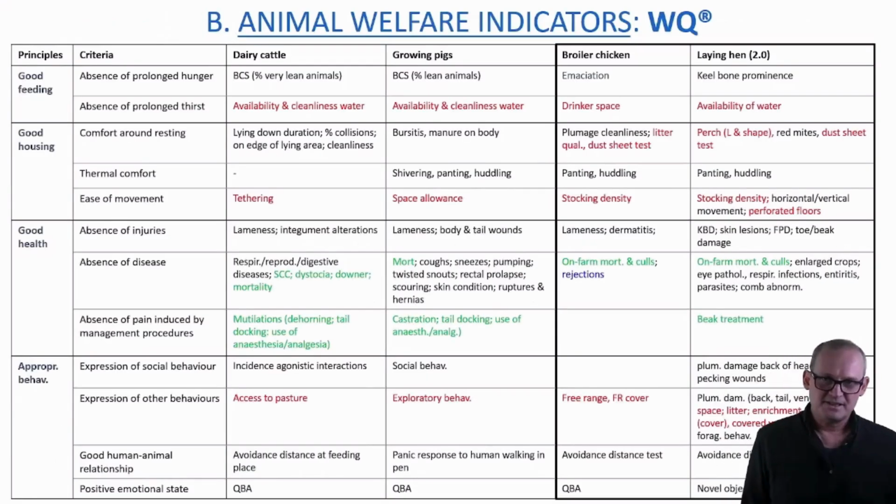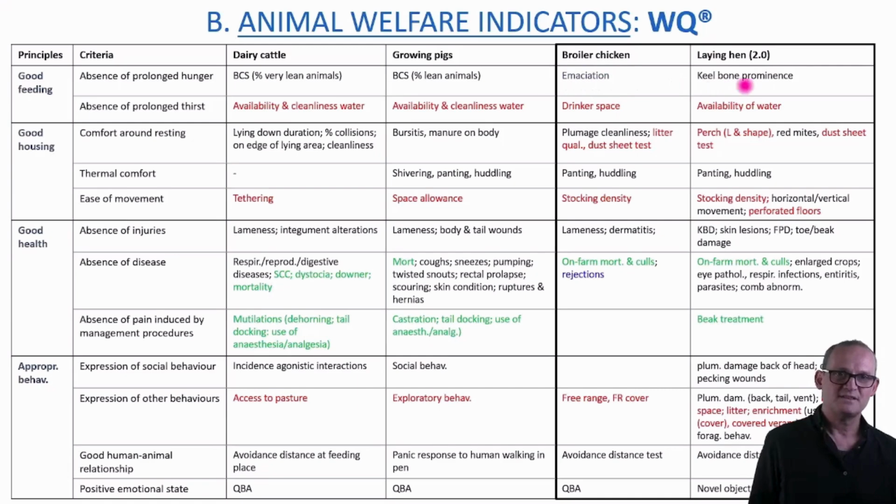What you see here on this big table is these 4 welfare principles that I talked about and the 12 welfare criteria. And you can see for the different species of farm animals the indicator that they use to give information about each of these 12 welfare criteria. So for example, for broiler chickens, they will look at how many emaciated chickens there are in the flock.